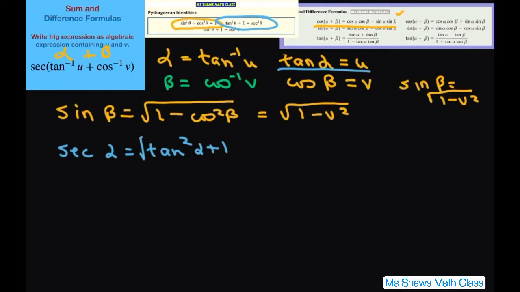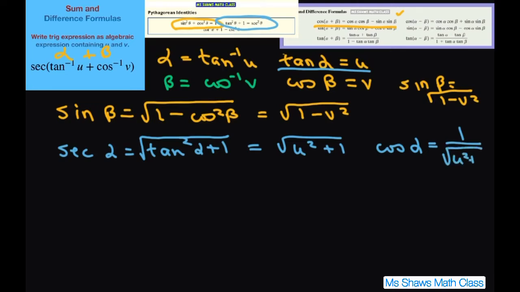So that's going to equal square root of u squared plus 1. We actually need cosine of alpha. So cosine of alpha equals 1 divided by square root of u squared plus 1.